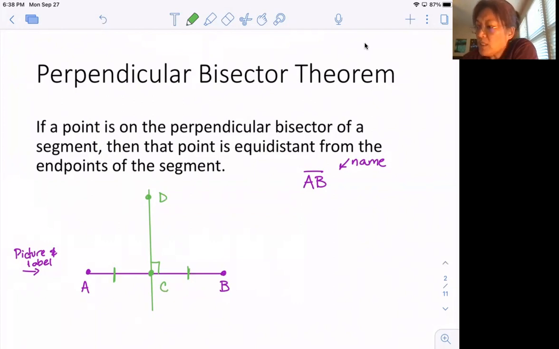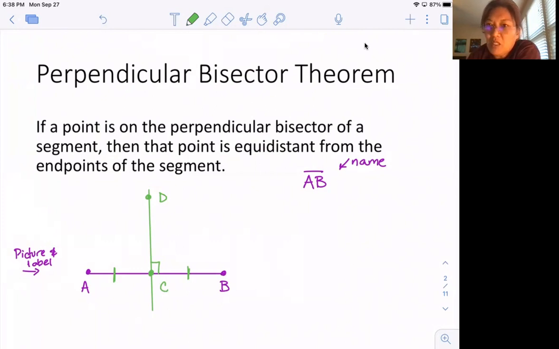Okay. What does that mean? Why is that important? And where are we going? So if a point is on the perpendicular bisector, and the perpendicular bisector is DC, of the segment AB, then that point is equidistant, meaning the same distance, from the endpoints of the segment.